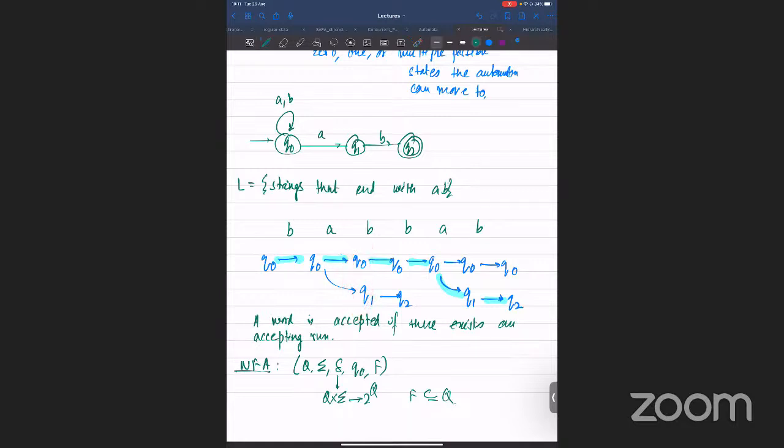So starting from Q0, I will go to a state labeled with both Q0 and Q1, because in the NFA the two runs have reached here. So I'll try to collect them together.